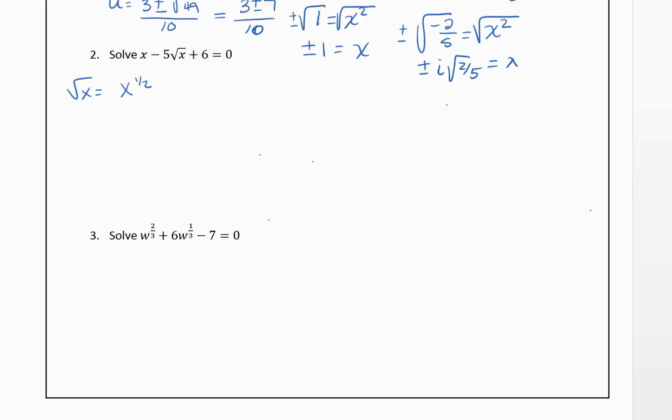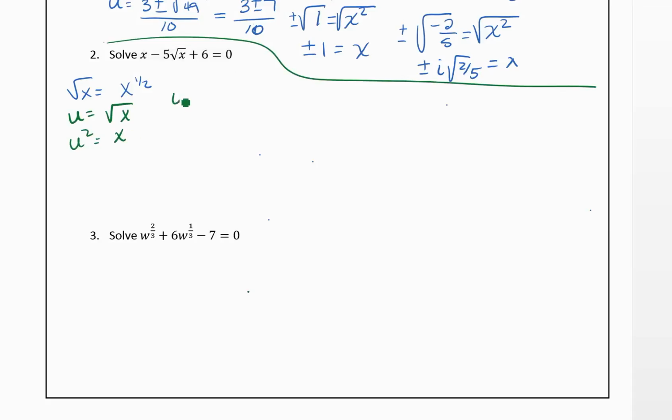Why don't I change pen colors just so we know which one is this problem. So here we're going to let u be equal to the square root of x. It's always the middle one. Now remember u squared, well the square root of x squared would just be x. So when we do substitution, we get u squared minus 5u plus 6 equals 0.